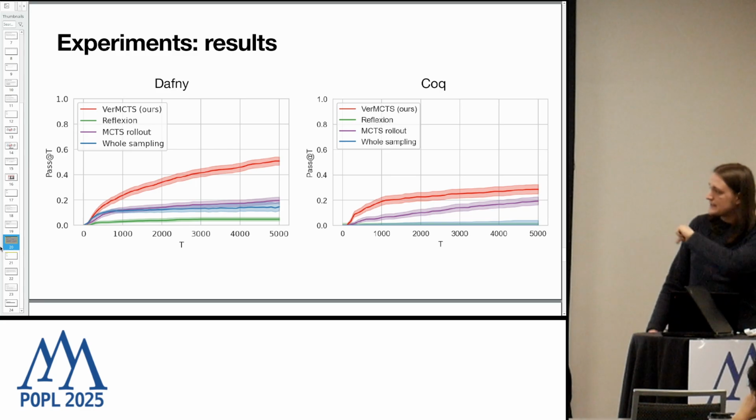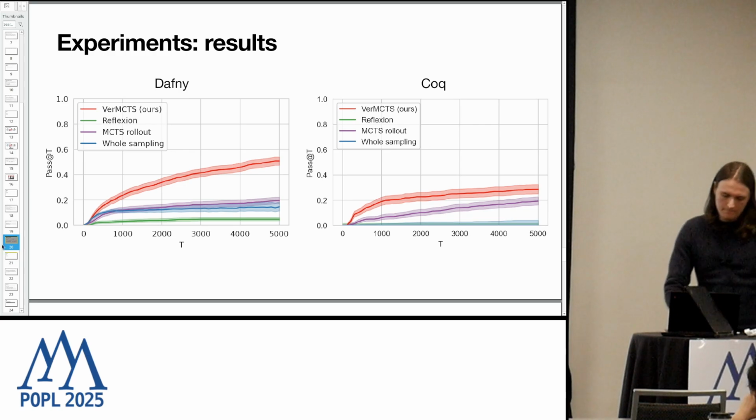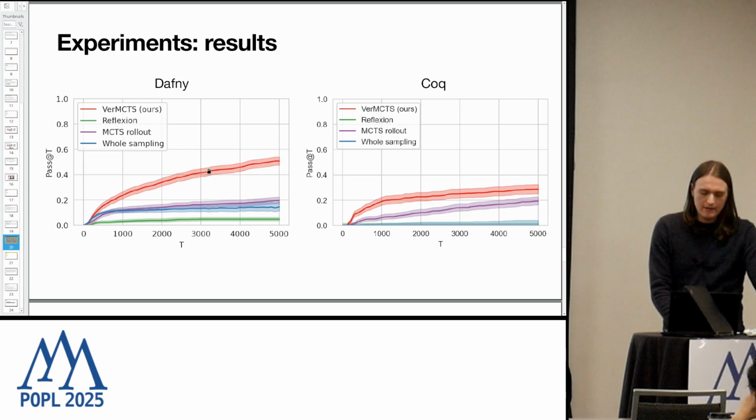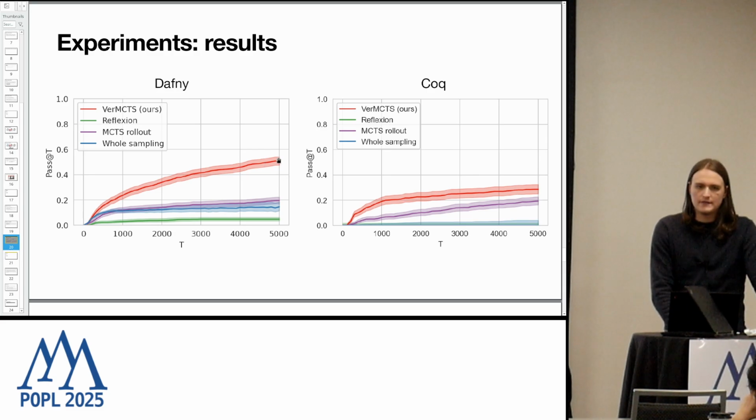Here's the results. This is for the problem I've shown you earlier. Let's start with the Dafny here. You see that our approach succeeds at relatively high token budgets here, 5,000 tokens, with a probability of about 0.5. So about half the time it was able to generate a program and prove its correctness.